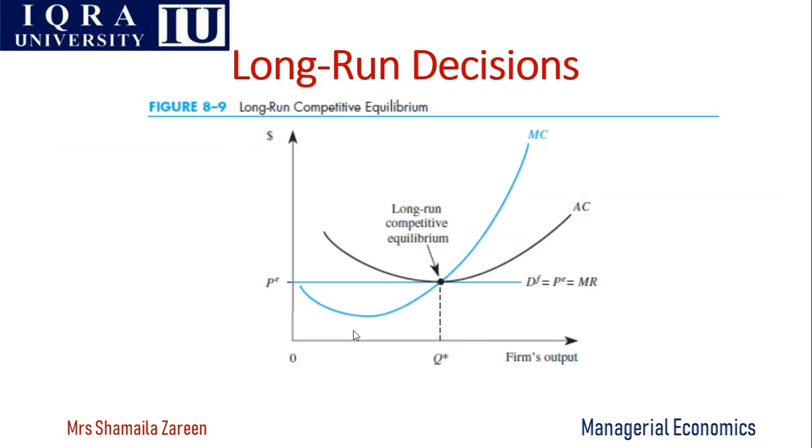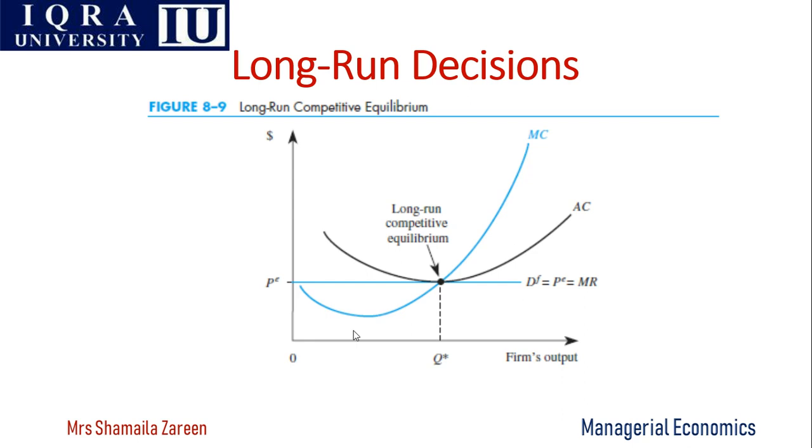You can see that in this long run decision, first of all, marginal cost is equal to marginal revenue, and then average cost is equal to average revenue. It means this is the long run competitive equilibrium.